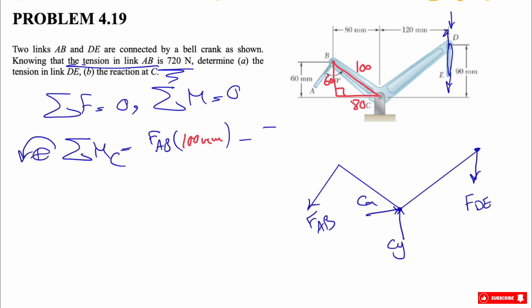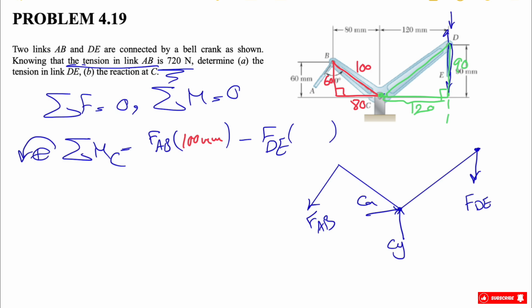The other one is the moment of FDE, which is a clockwise moment, so we have a negative sign, and the distance will be what we have from here to here. We have another right triangle here. We know this side is 90 and this side is 120. The distance we are interested in is the perpendicular distance to the line of action of the force, which is this distance here.